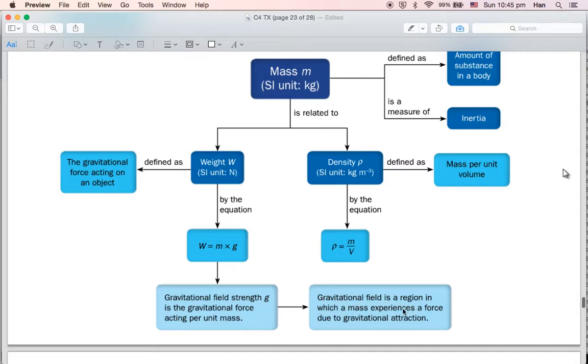Gravitational field is a region where mass experiences a force due to attraction. There's a difference between gravitational field and gravitational field strength. Gravitational field is a region where a particular mass has a force. You can be on Earth, or on the moon, and you still have a gravitational field because you still have weight there.